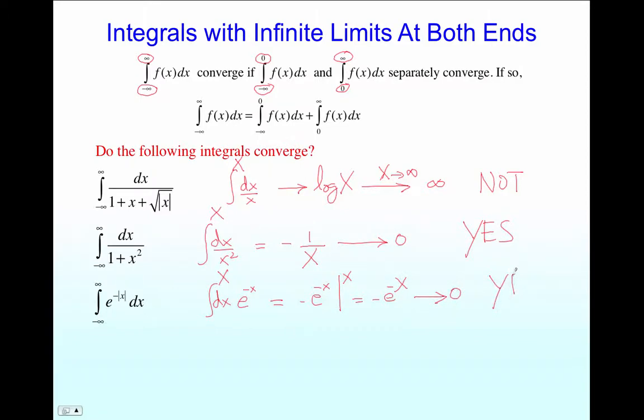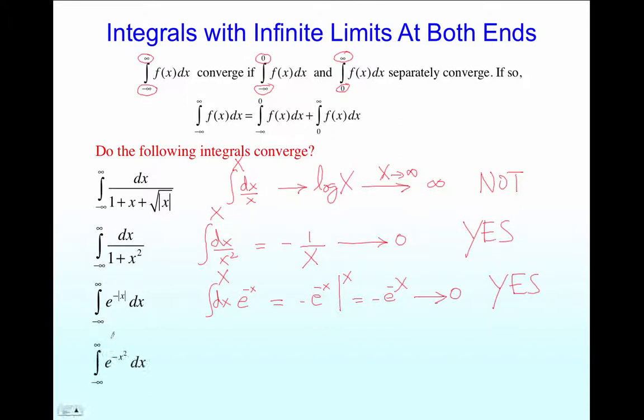So yes, this integral does exist. Now again, this is a symmetric function. If you change x to minus x, because of the magnitude sign over here, you would find that you have exactly the same thing as over here. Of course, if this magnitude sign was not there, then the integral would blow up at minus infinity.